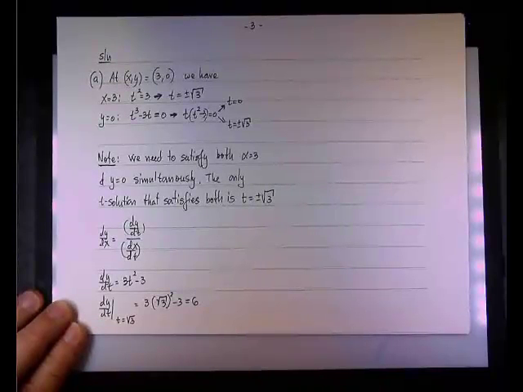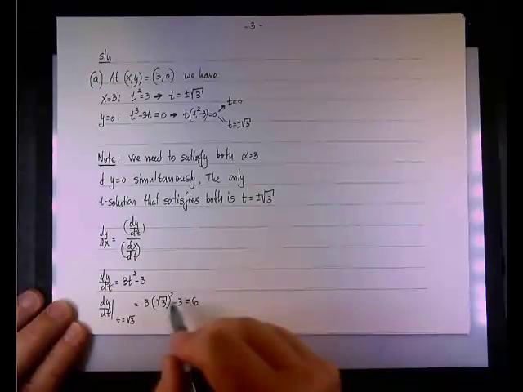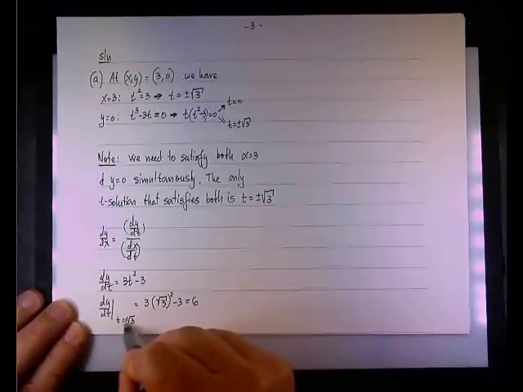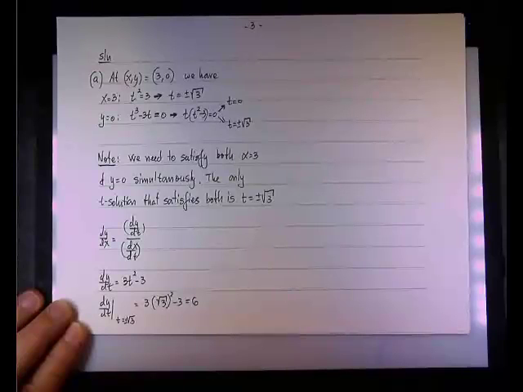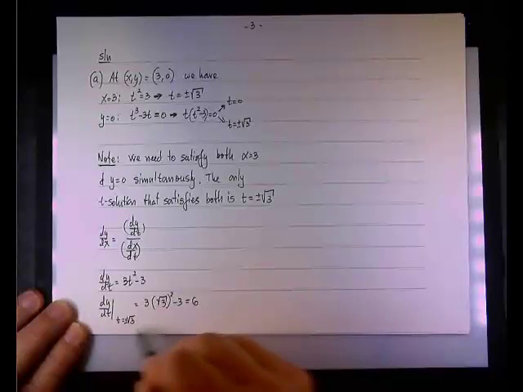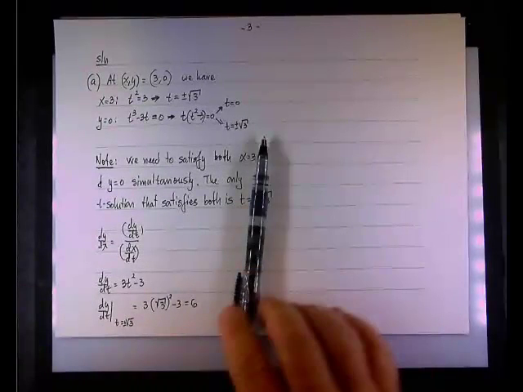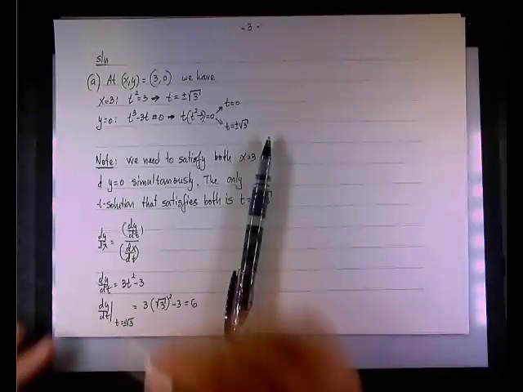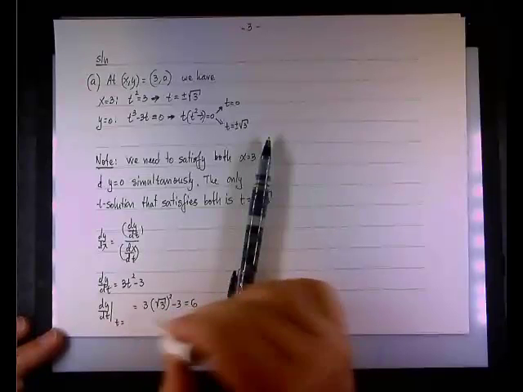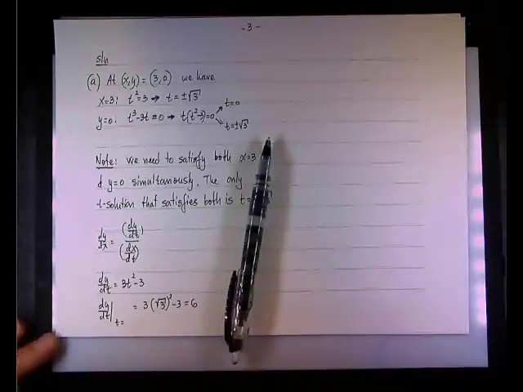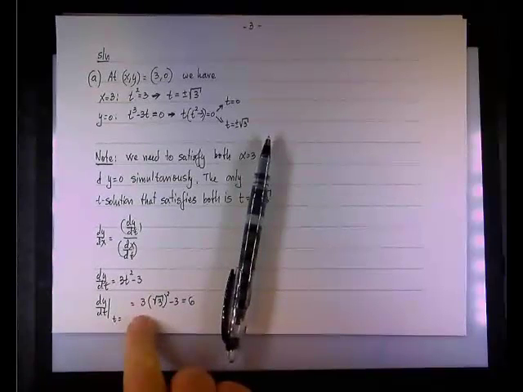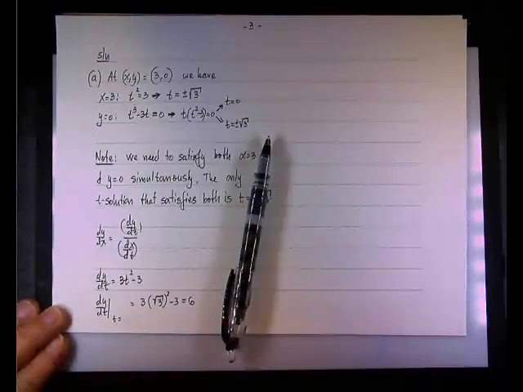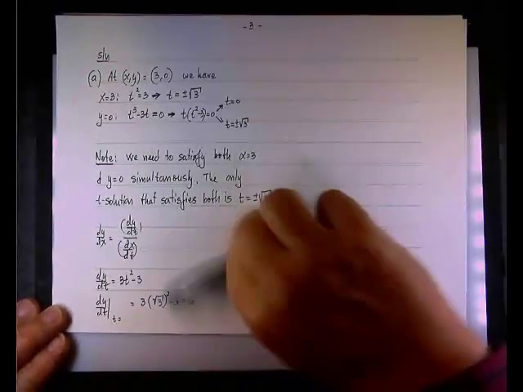What happens if we have negative? Well, it's the same result, because we square the square root of 3, so we don't care about the plus or minus.